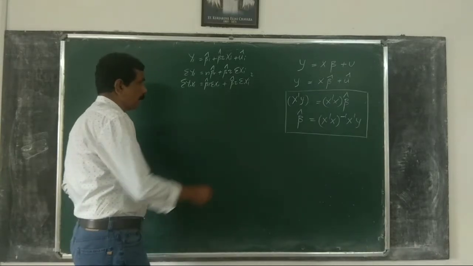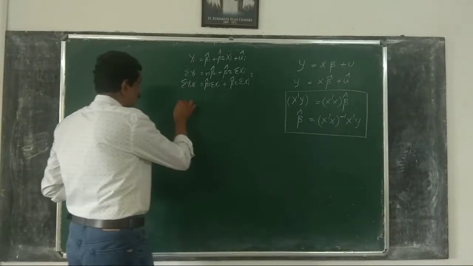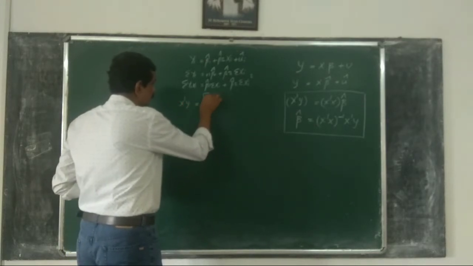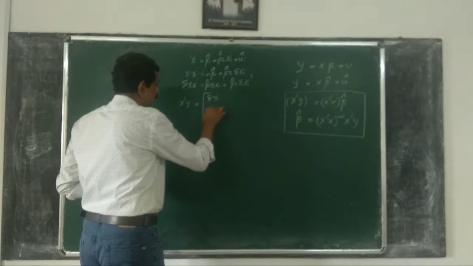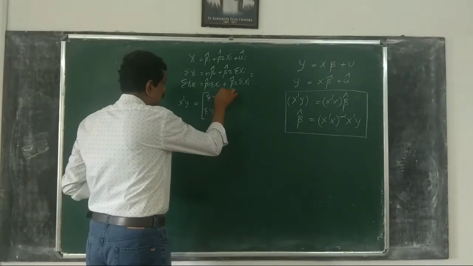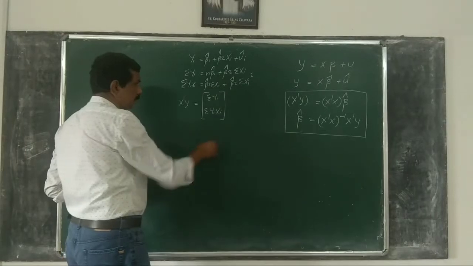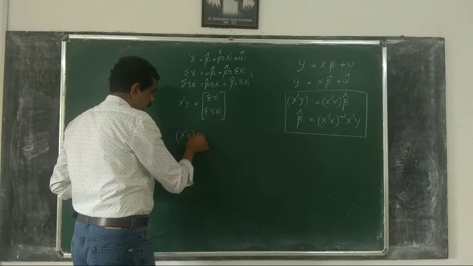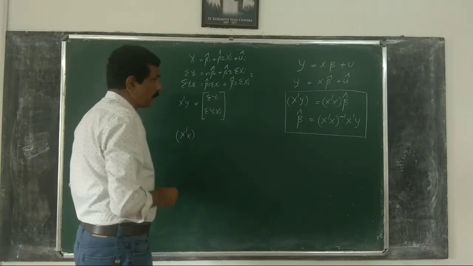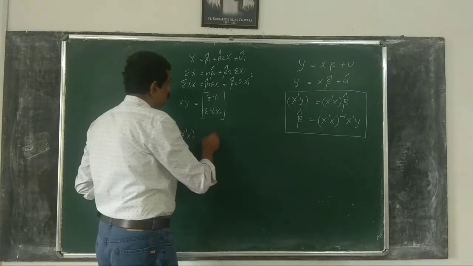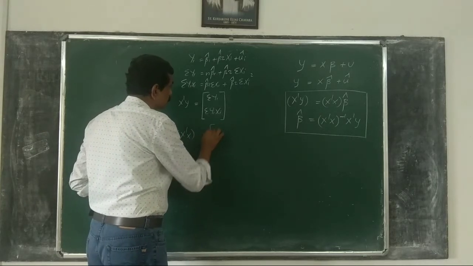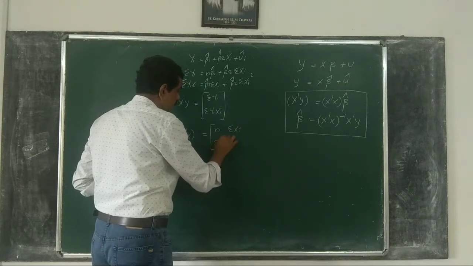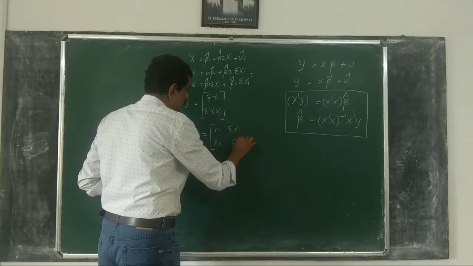So, naturally, it follows that X transpose y is equal to sigma Yi, sigma Yi Xi, and X transpose X is equal to the matrix n, sigma Xi, sigma Xi, sigma Xi square.